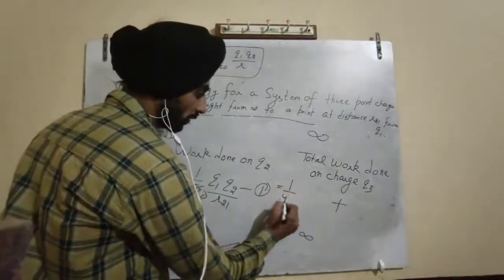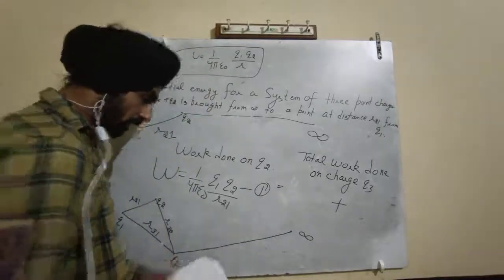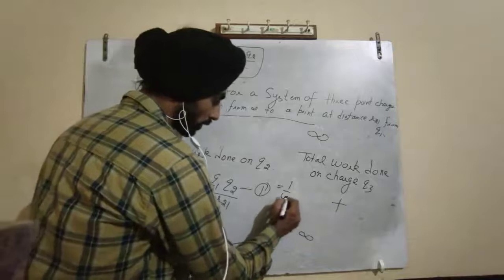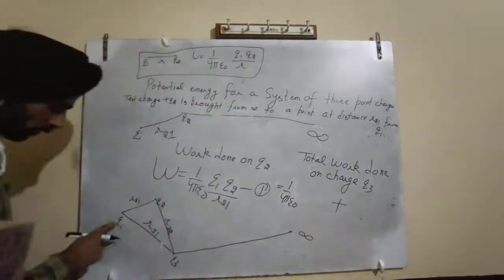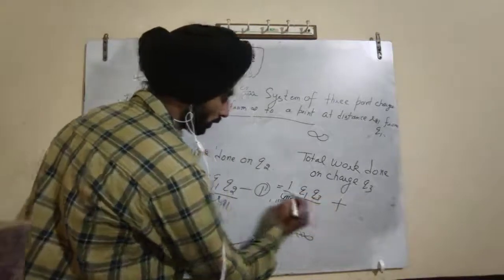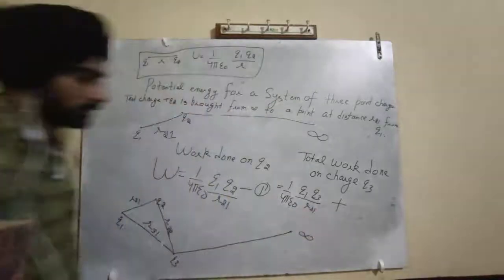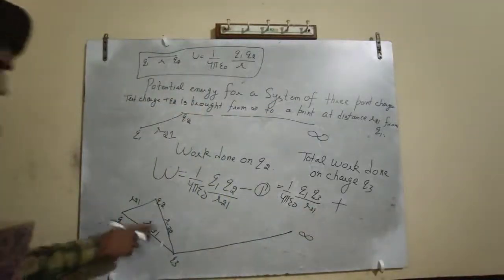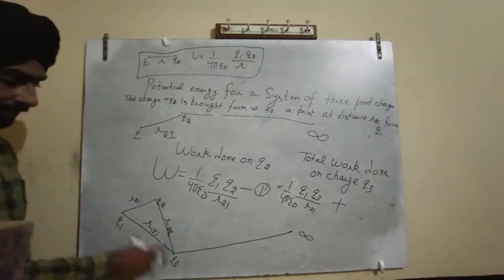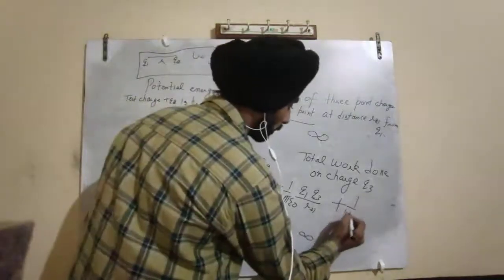First work done is 1 upon 4 pi epsilon naught. Suppose we are doing against Q1, किस पे हो रहा है Q3. दोनों में कितनी दूरी तक लेके आए हैं, R31 दूरी तक. लाइक दिस. एक वर्क डन R3 पे Q3 पे किसके कारण हो रहा है, किसके कारण करना पड़ रहा है, Q2 के कारण. कितना होगा 1 upon 4 pi epsilon naught.